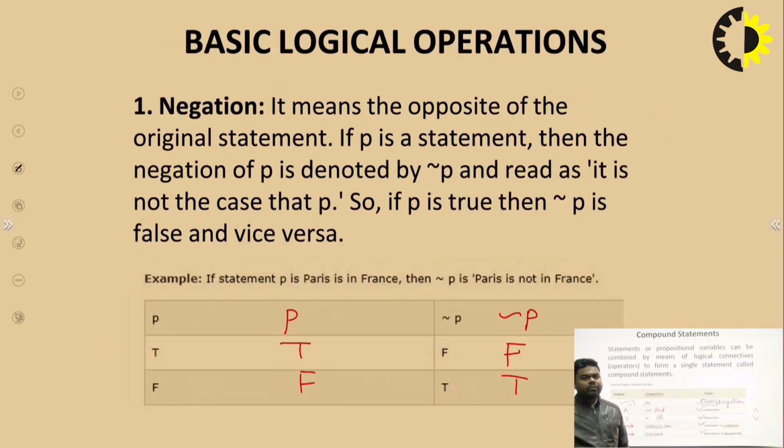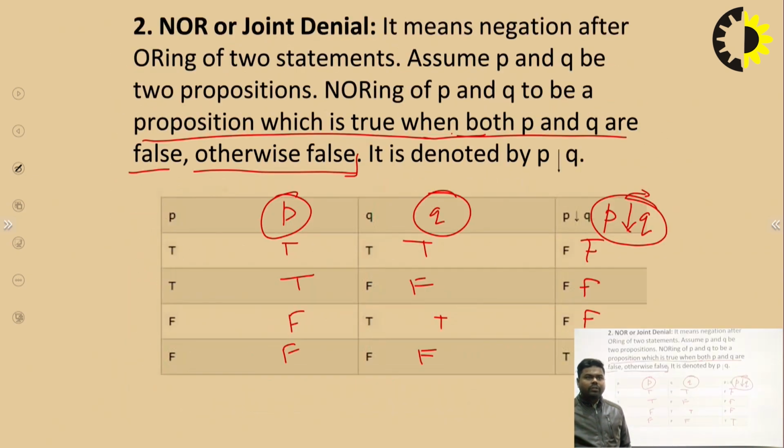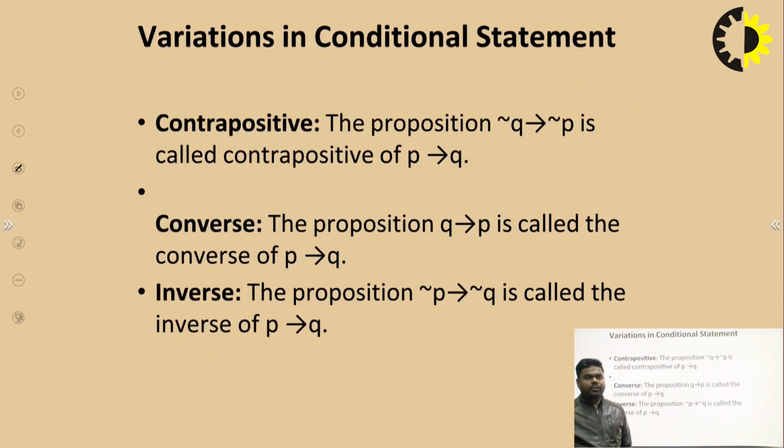If not Q implies not P, then it is called the contrapositive of P if then Q. And converse: the proposition Q to P is called the converse of P to Q, and the inverse: when not P goes to not Q, is called the inverse of P to Q.